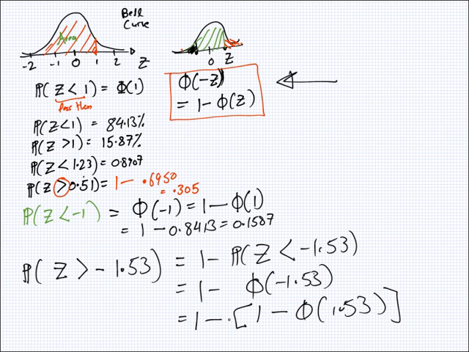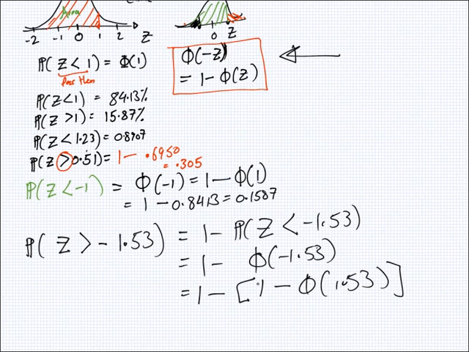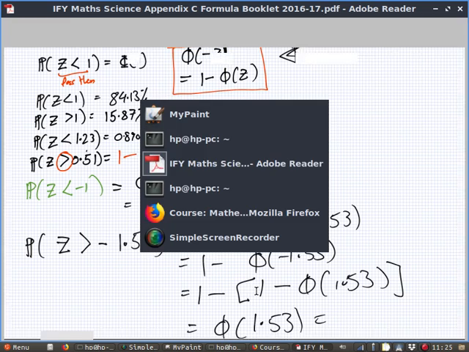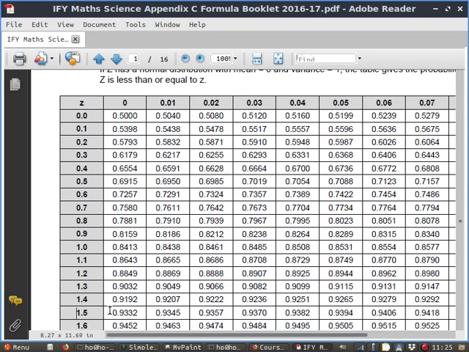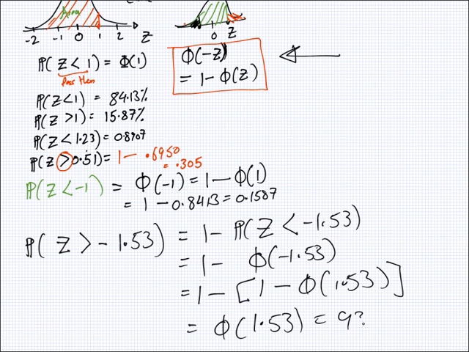But this is nice, because the ones cancel, and we end up just having to look up the value of 1.53. You have it, do you? 1.53 is 0.9370. 93.7% of the time will be more than minus 1.53.